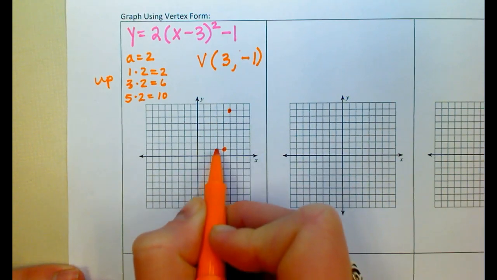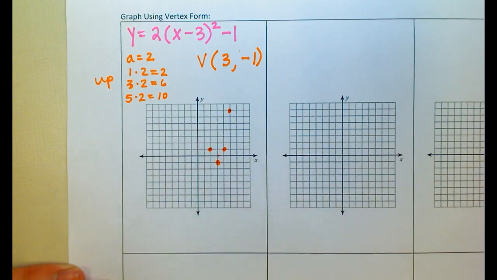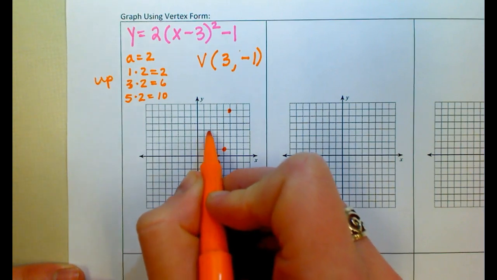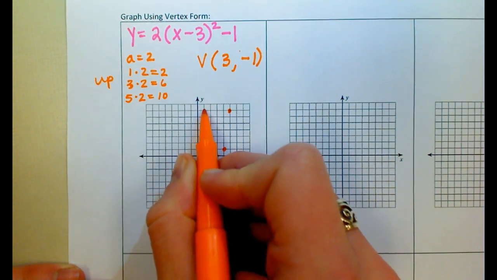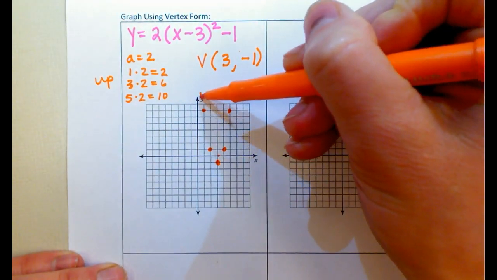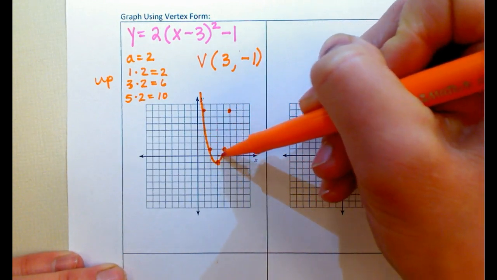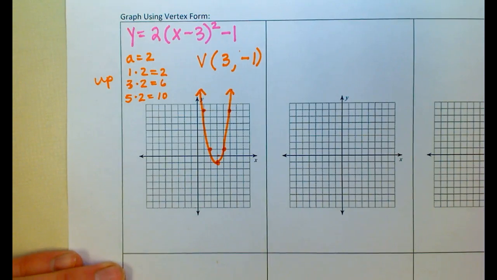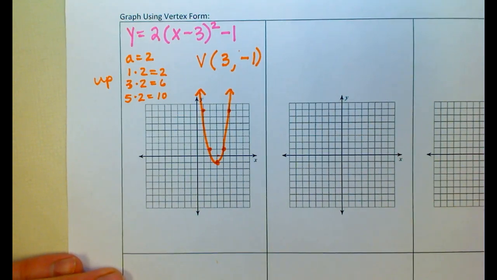I'm going to go up 2 and over 1 on the other side, and up 6 over 1. And if I had room, up 10 over 1. And then I can draw a smooth parabolic curve. And I have successfully graphed y equals 2 times x minus 3 squared minus 1.